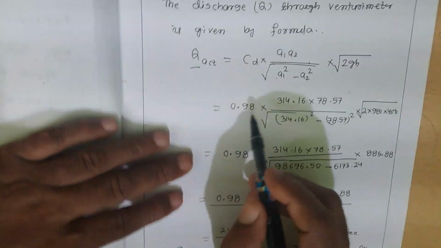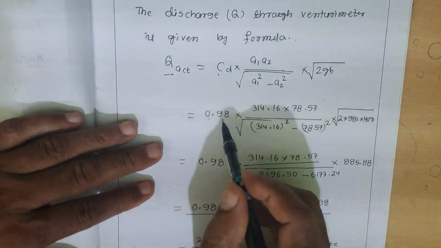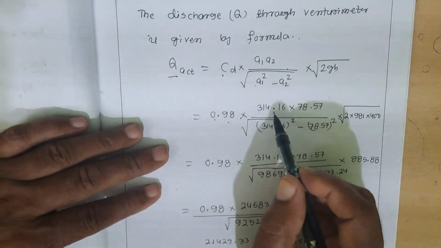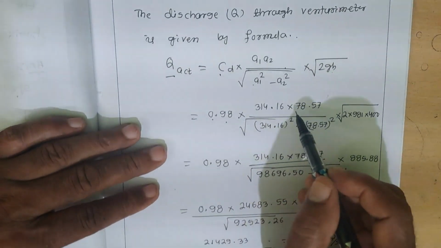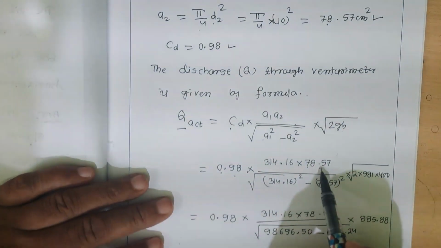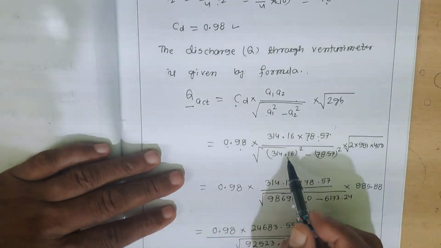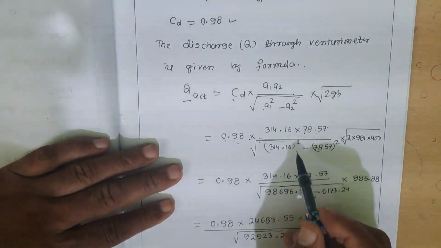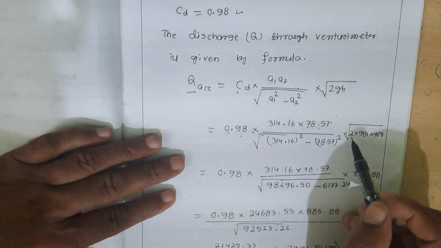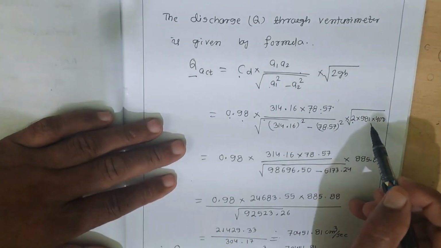Then after putting all the values, we have Cd is equal to 0.98 into A1 314.16 into A2 is equal to 78.57 divided by root over (314.16 square minus 78.57 square) into 2gh, 2 into 981 into 400.